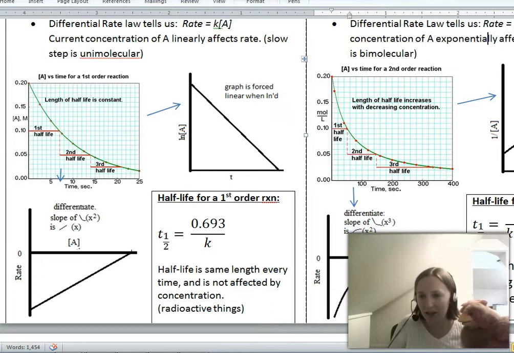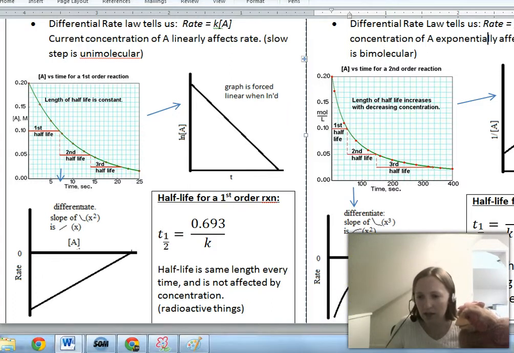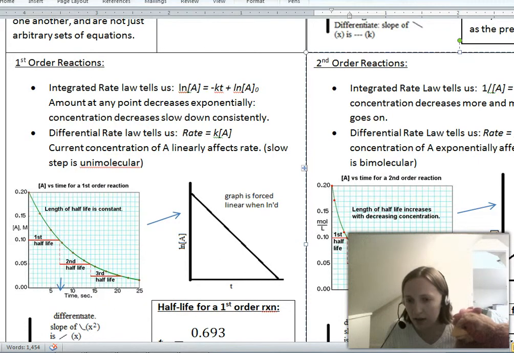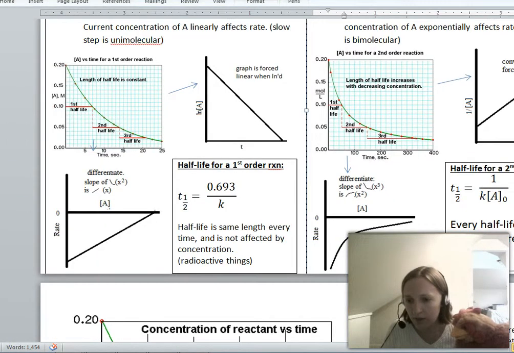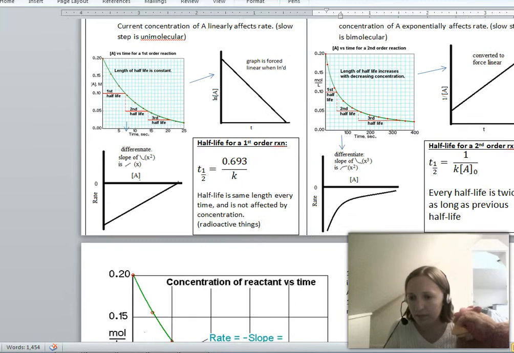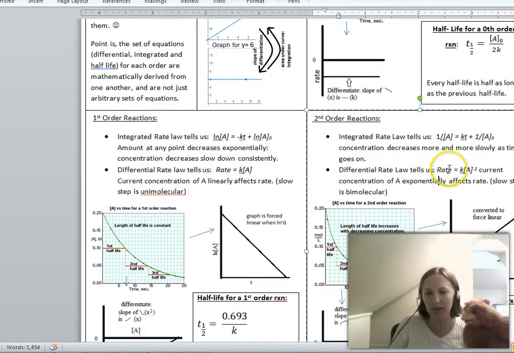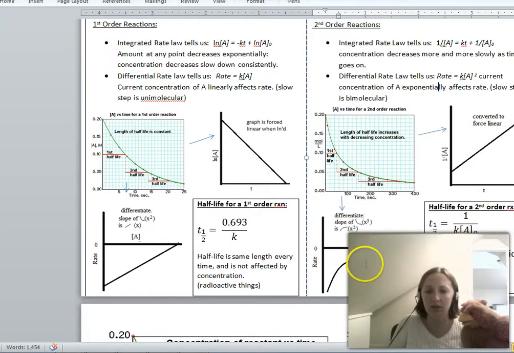But that is what you see when you go up here. The differential rate law tells us that the rate is related to the rate constant times A in a squared fashion, and that is what you are seeing in this graph.